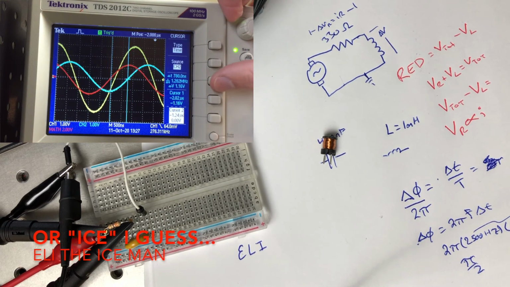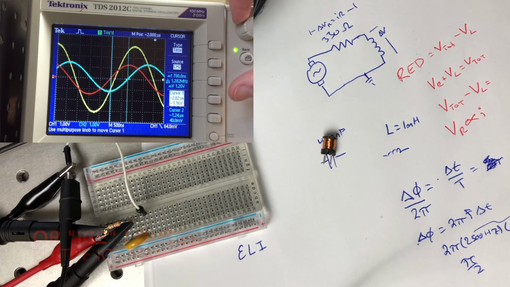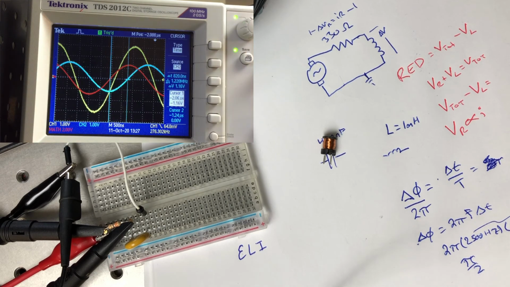Okay, so our delta t here, if we're zeroing in, is about 820 nanoseconds. And we can do that math too. So we can look at that phase and verify that 820 nanoseconds over, what was it, 276 kilohertz, should roughly be 90 degrees. Let's go ahead and do that.